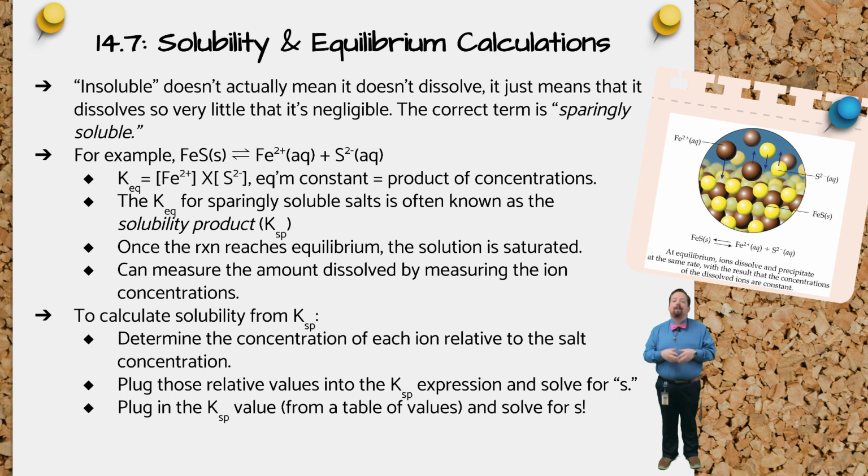To find this, you just plug in the relative concentrations of each ion as a value of S, 1S, 2S, 3S, etc., based on the coefficients from the balanced equation. You plug those S values into the KSP expression and then solve for S. This tells you how many moles per liter you're able to dissolve. You can leave your answer as is or convert the moles to grams using molar mass, and then you get the common unit for solubility, which is grams per liter.